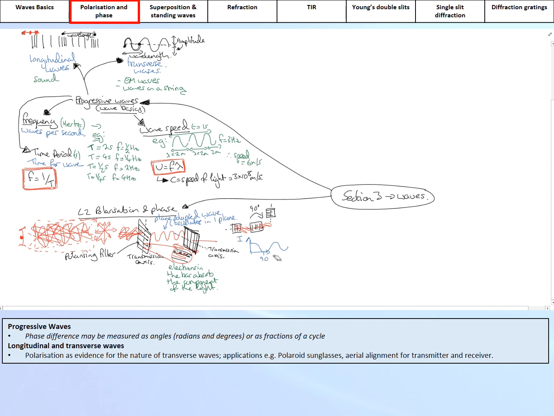Let's just extend that a little bit so we can see a bit more of what's going on. 90, 0, 180. That's when it's back in the same orientation. And then 270, and finally, can't mark this on now, that would be 360 there. We've done a full circle and we've been back to the maximum again. So that's polarization. What can you use it for?